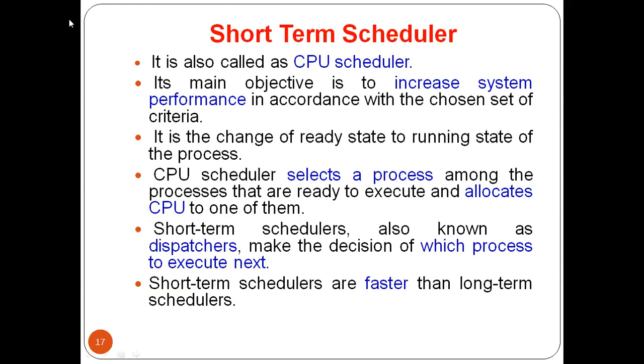Next, we'll see about the next type. Short-term scheduler is also called the CPU scheduler. The objective of this CPU scheduler is to increase the system performance in accordance with the chosen set of criteria.